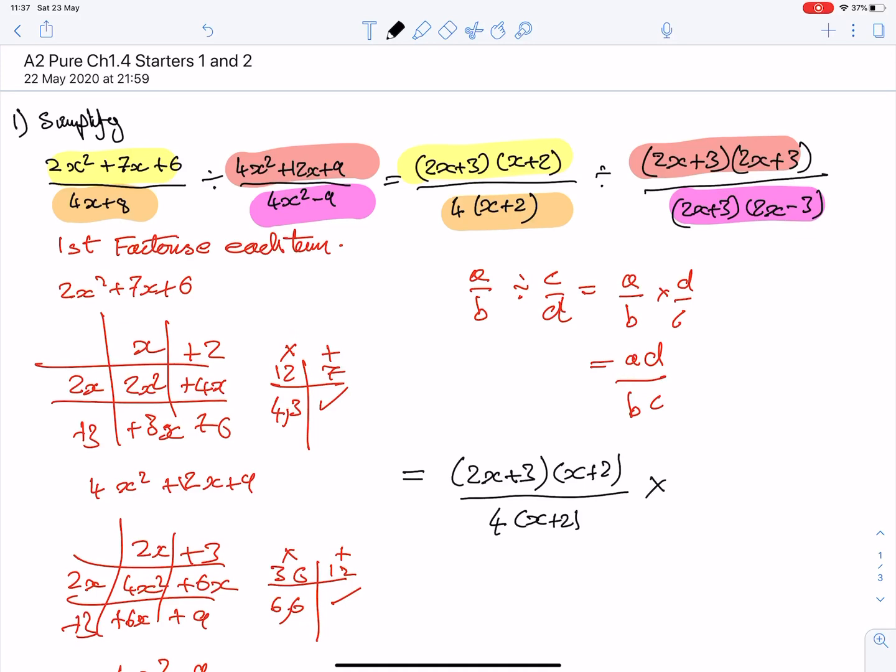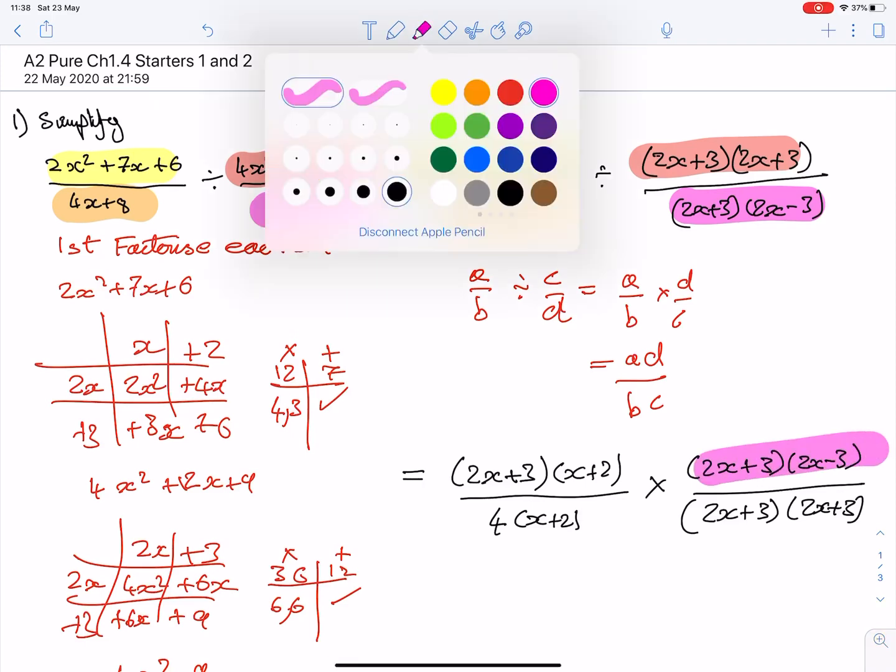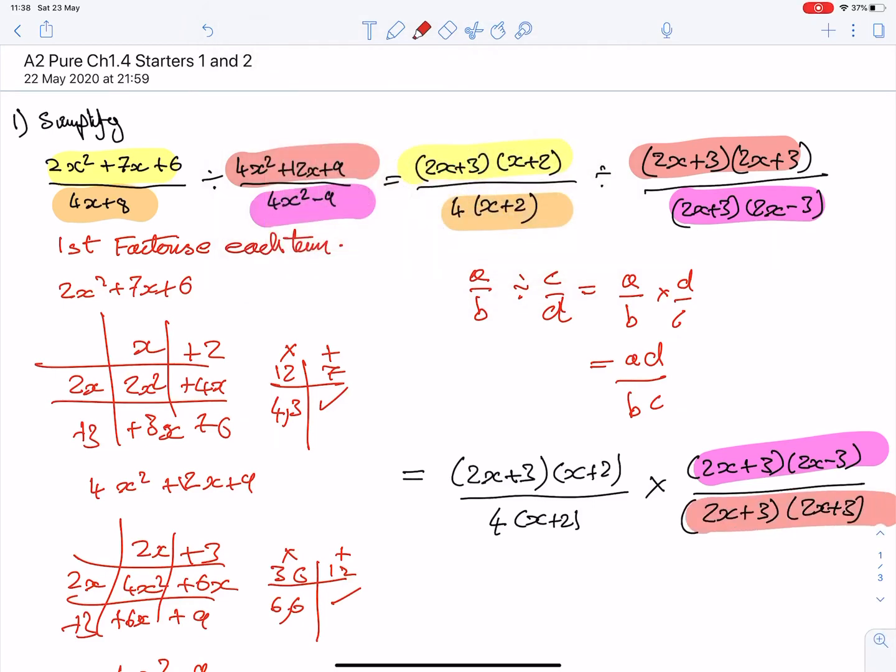So we've changed the sign and then we invert. So on the top we've now got 2x plus 3, 2x minus 3, and on the bottom we've got 2x plus 3 and 2x plus 3. Okay, so inverting has given us that for the second fraction.